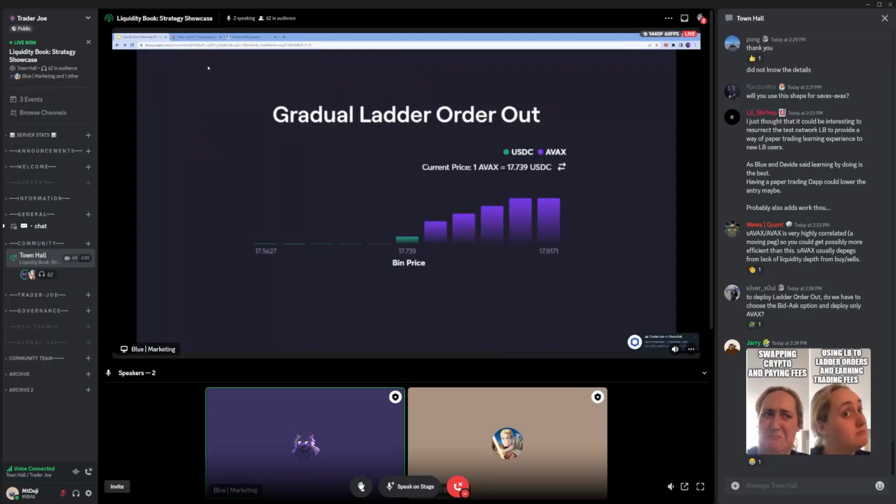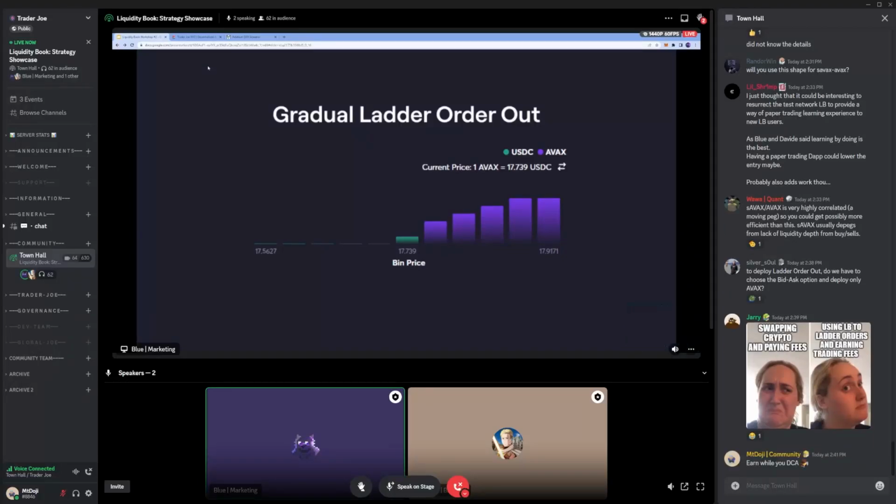So I put in $100 worth of AVAX, and then I put in $1 worth of USDC, and it gives you a shape like that. It's pretty much all AVAX, or vice versa.